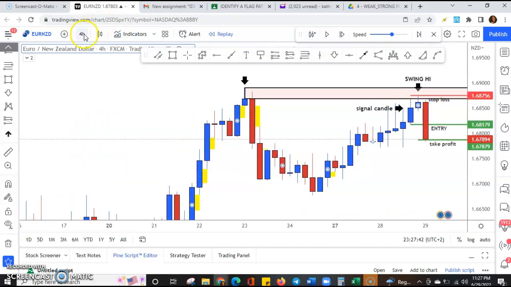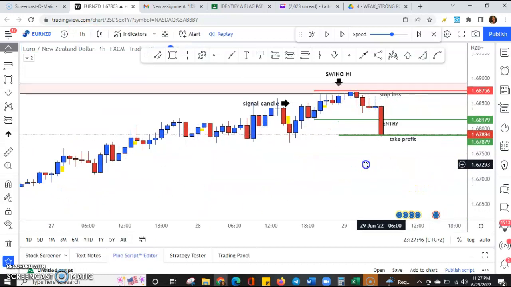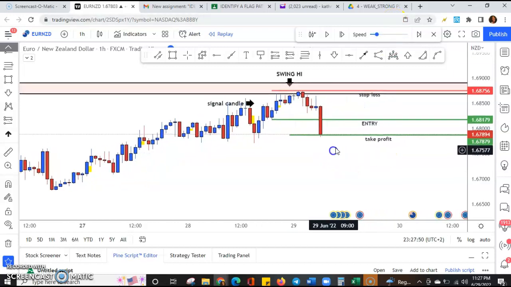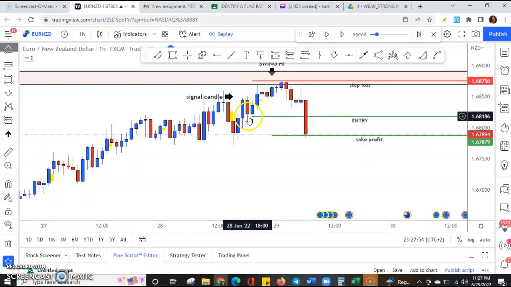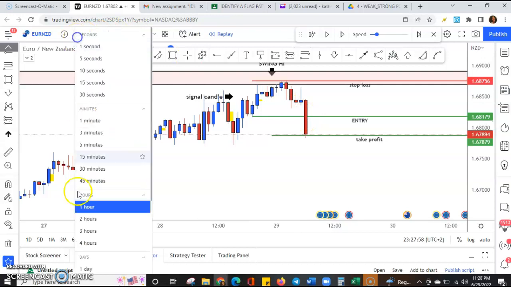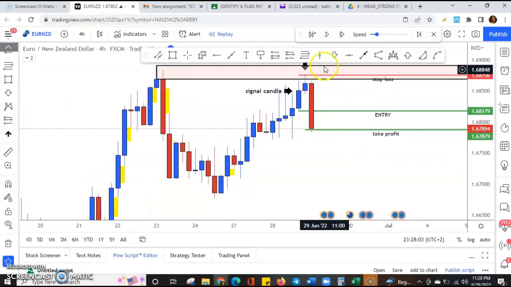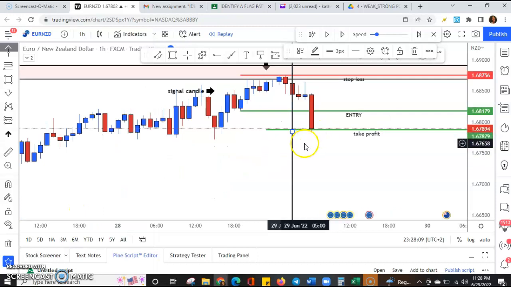Let me drop to a lower time frame so we can actually see how it actually played out, even though he took it on the 4-hour. So he used this as the breakout candle here. Let me just make sure. Drop a line here. And then I'm going to jump to the 1-hour and see what that looks like.